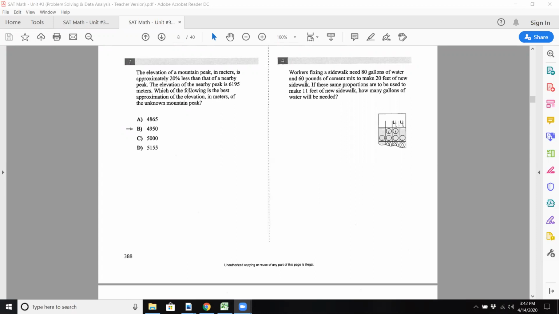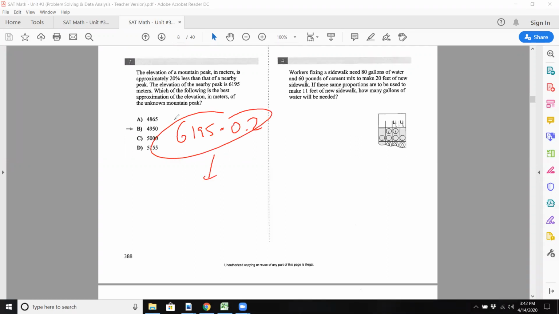Yeah. So for number 2, really quickly. The elevation of Mount Peak is approximately 20% less than a nearby peak. So nearby peak is 6195. So you want to do 6195 times 0.2.